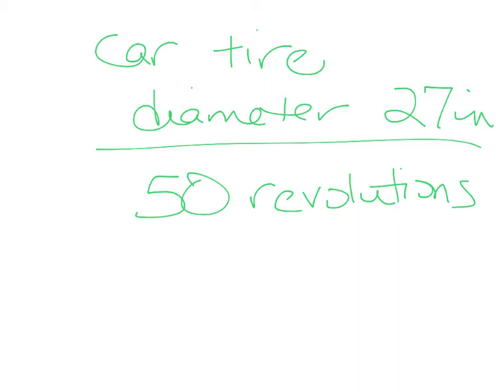I want to know how far does this car move when the tire that has a diameter of 27 inches turns around 50 times. So in order to solve something like this, we need to find the circumference of that tire. So what is the formula for circumference when I know a diameter? Pi d, right? So I'm just going to do 27 pi, and because I want to know how far it travels, I'm going to multiply that by 50.